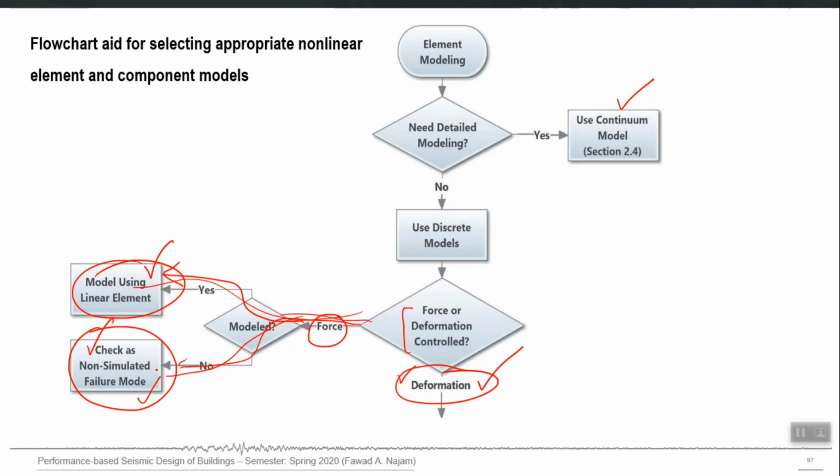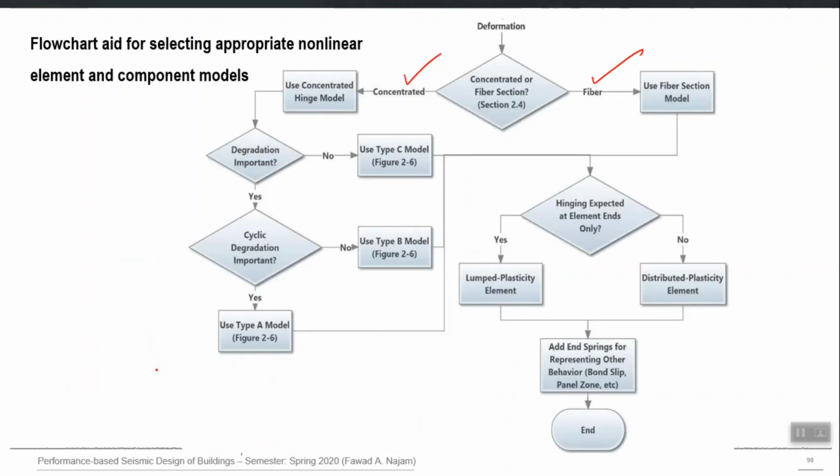So two main decisions, force controlled versus deformation controlled, and within each of them again two decisions. In force control, whether you want to use a force controlled hinge or just leave it as it is, and second, in deformation control, whether you want to go for a more fundamental fiber approach or a lumped member-level plastic hinge approach, right?